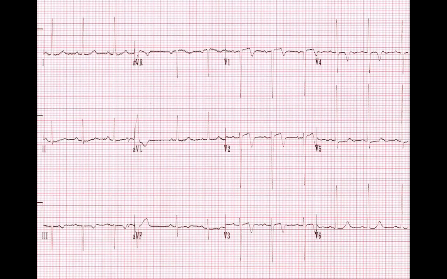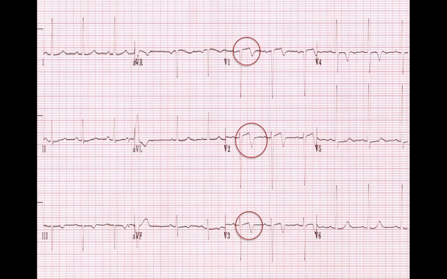For our Wellens syndrome patient here in front of us, we can see, looking at V2, V3, we do have biphasic T waves, initial positive and terminal negative deflections. You can also see it in V1 as well. So if you get this 12-lead on your patient, you see the sign.